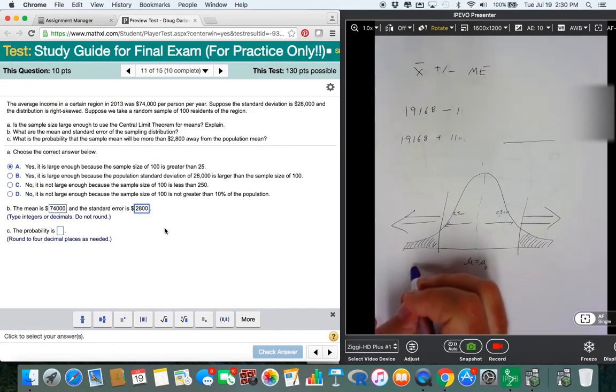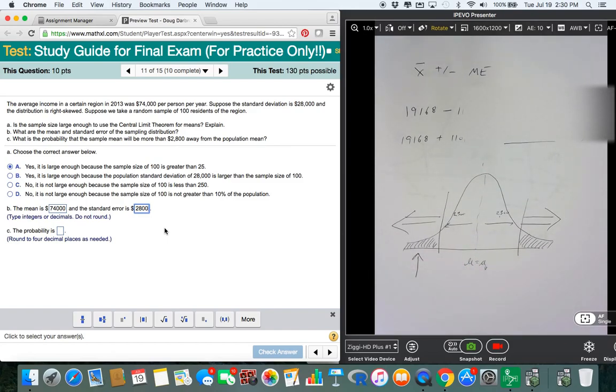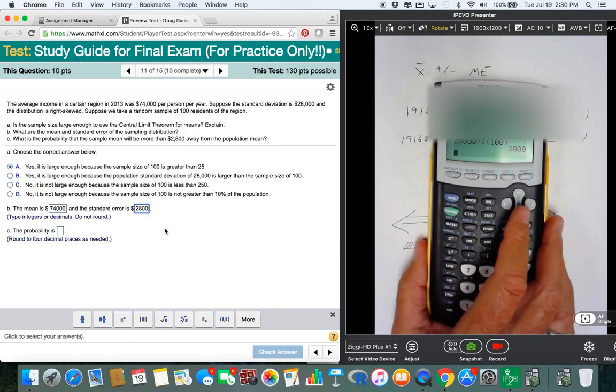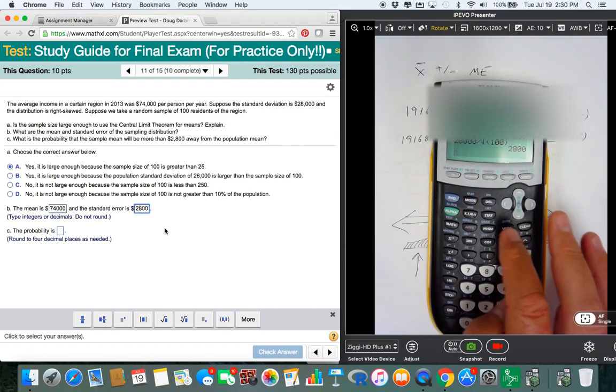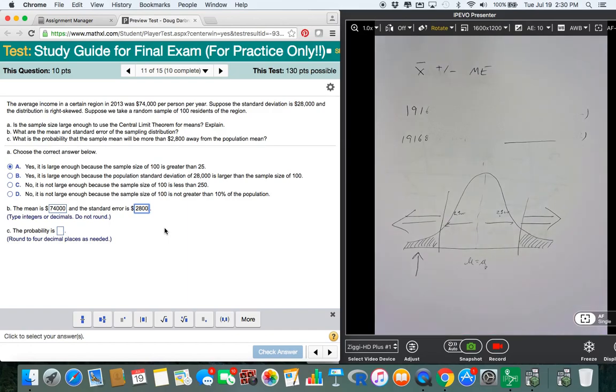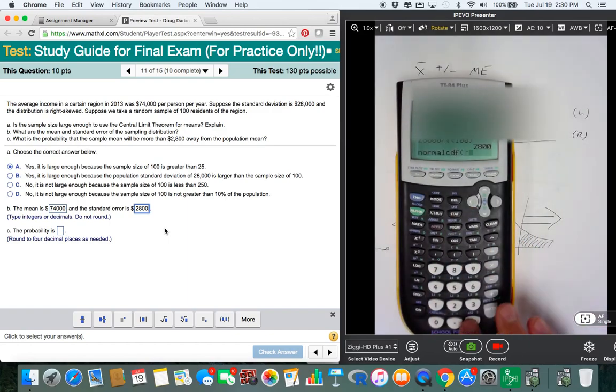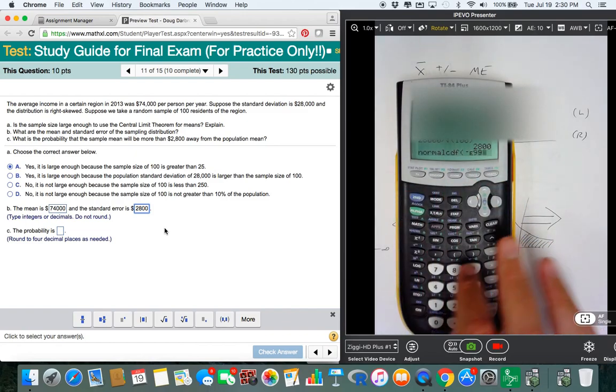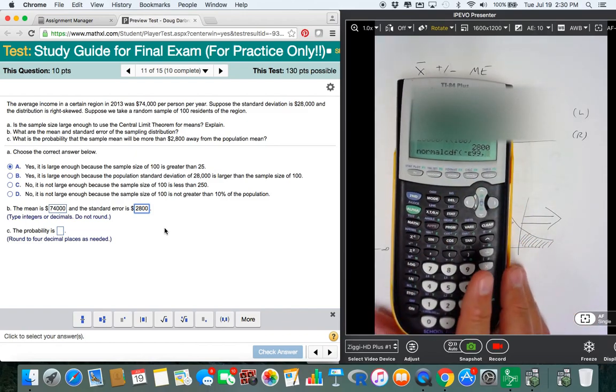Well, I'm going to focus on this tail right here. So I'm going to start out with negative infinity, because again, this goes all the way down to negative infinity. So I'm going to go negative E99 up to what?